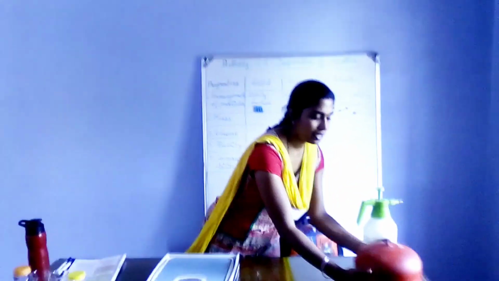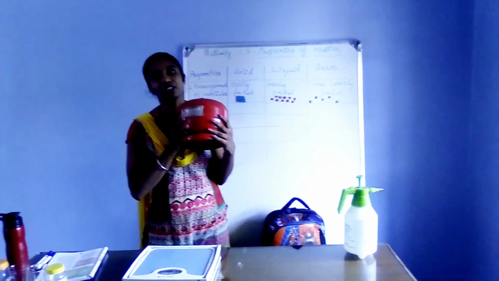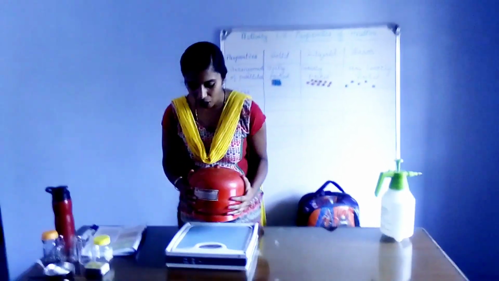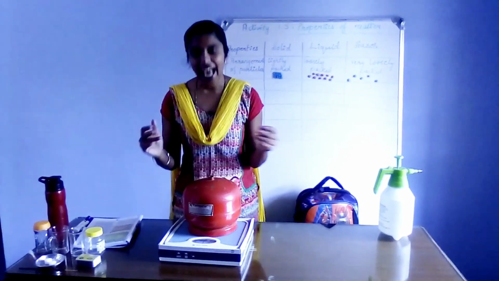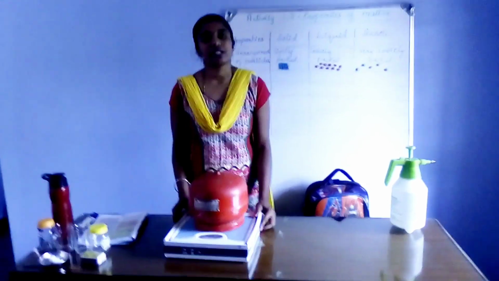Then to prove that gases also have definite mass, here I have taken a cylinder of some 1.5 kg. The cylinder weighs 1.5 kg, along with the gas filled in it. It is showing around 4 kg.